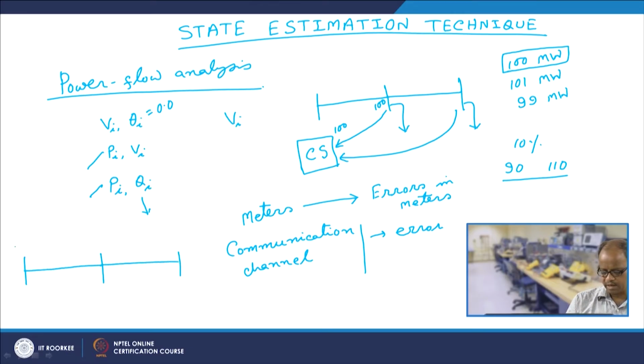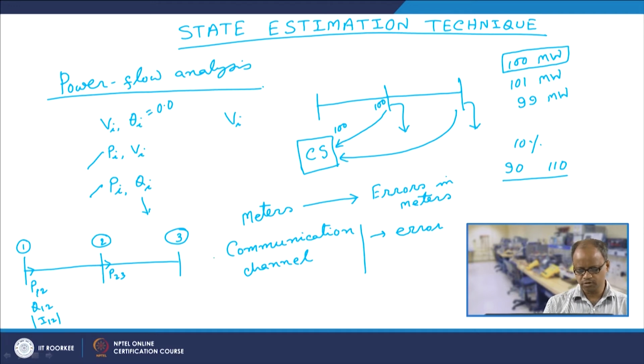This is the slack bus, and we said that we are measuring here P12, this is bus 1, this is bus 2 and this is bus 3, P12, Q12 and let us say I12 magnitude, and let us say here we are measuring P23. So, I have got 4 unknowns, so I will get 4 equations, so I can solve.